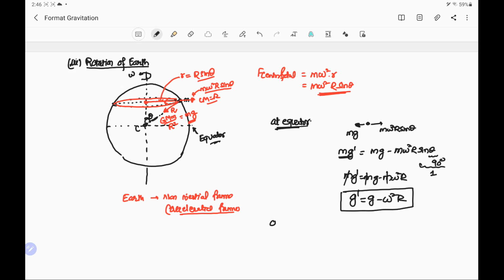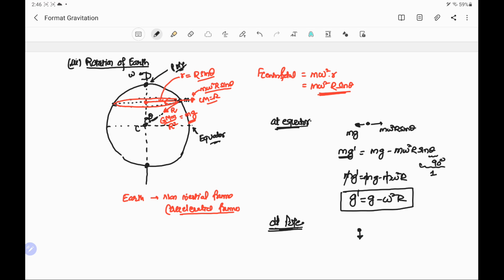Another point of interest is at the pole. The top point is the pole, or the lowest point is the pole. These are poles. The mass at the pole will have two forces.